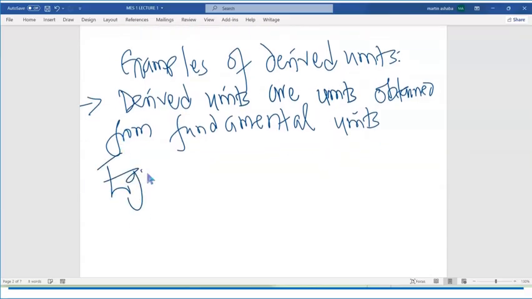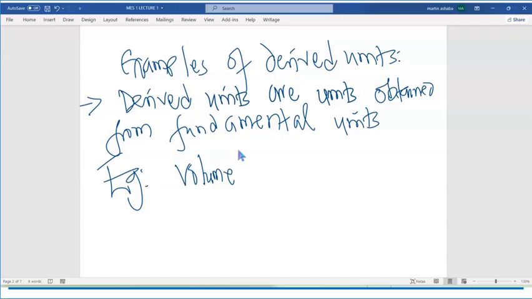Now examples. We have like volume. Whatever you know that it has a formula, that area is equal to this, volume is equal to this, velocity is equal to this.